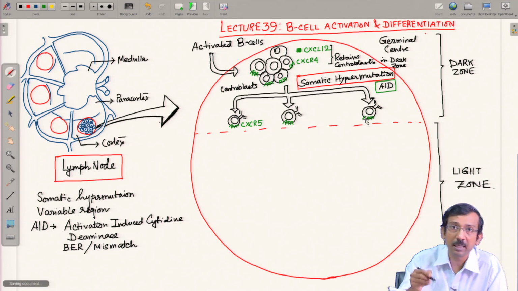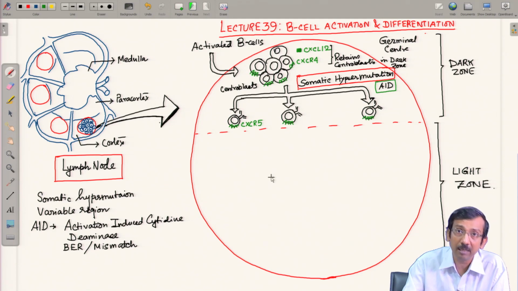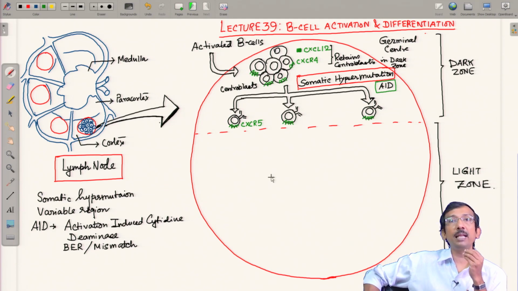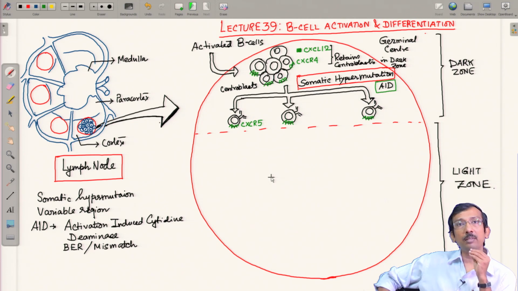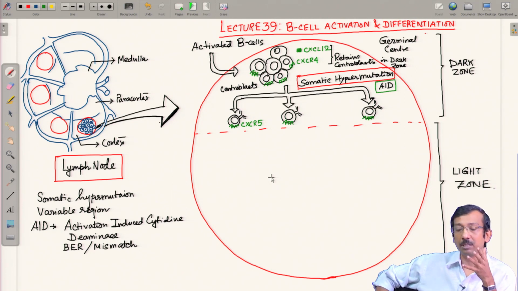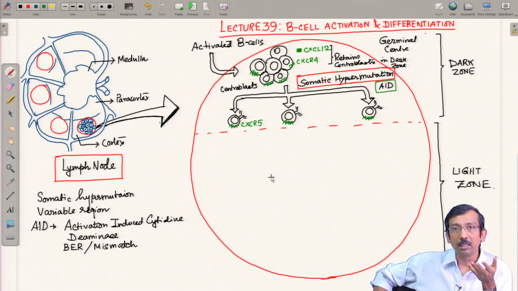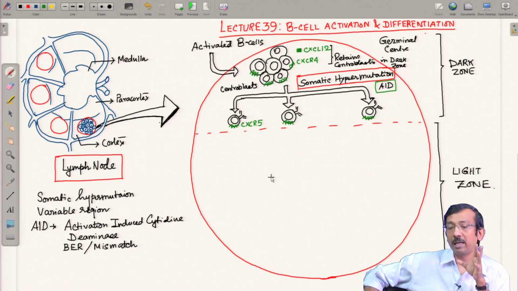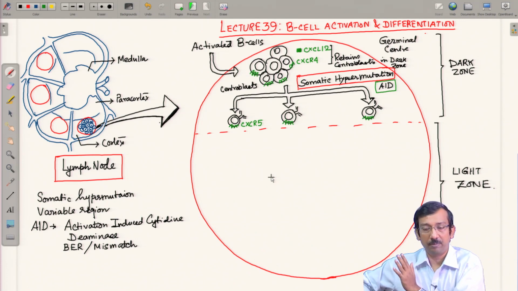Now these cells have to be selected for their affinity. Those with higher affinity have to be selected, and those cells which developed lower affinity from somatic hypermutation will be rejected.